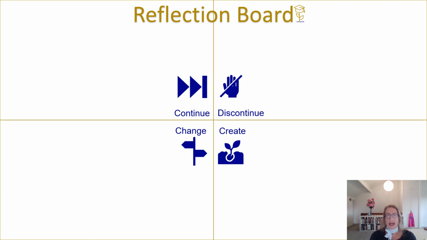Instead, we recommend naming the role that that person undertook, because what we want to do is depersonalize reflection. We want it to be about the activities. We want it to be about whether we're going to be continuing or discontinuing activities, or whether we're going to be changing or creating activities.